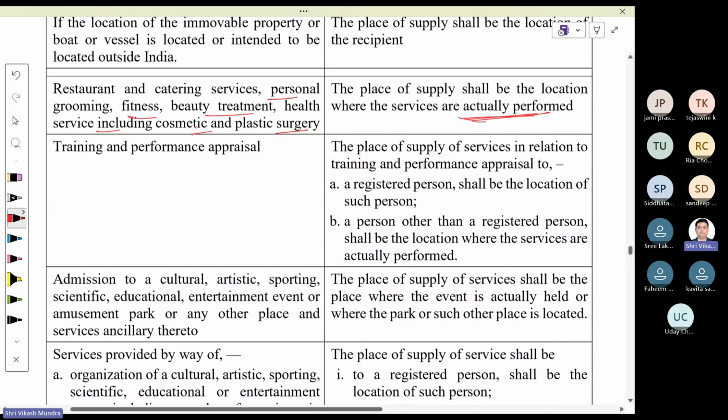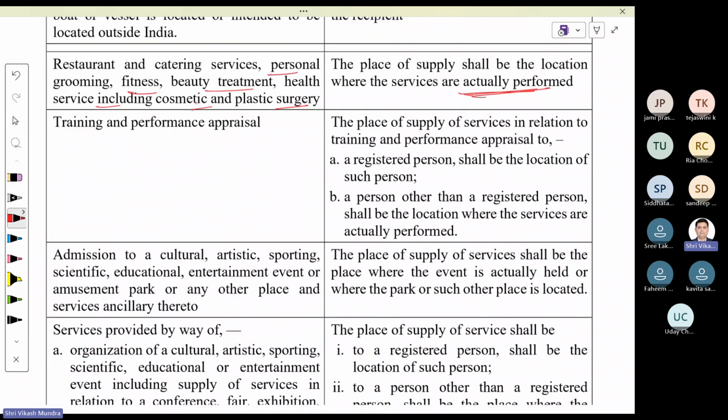Training and performance appraisal: if it is provided to a registered person, then the place of that registered person would be considered as the place of supply. In other situations, we should consider the location where that training and performance appraisal has been performed as the place of supply.